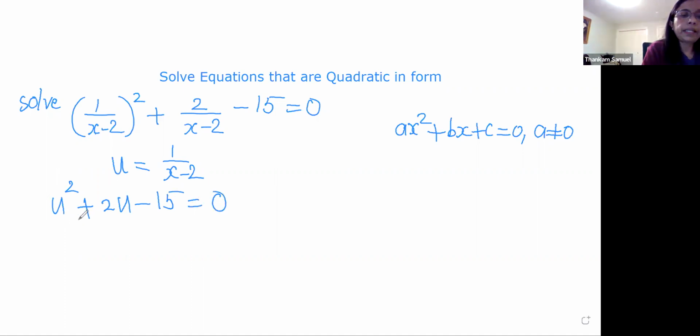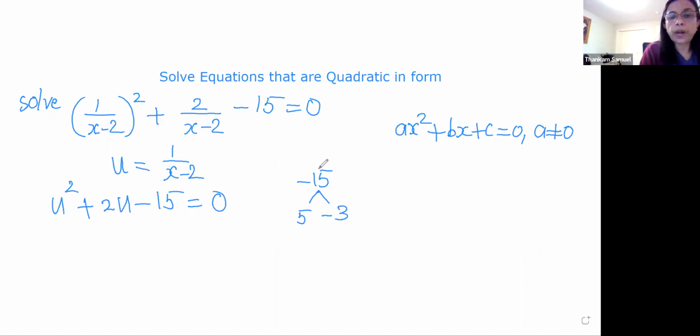You can see that the left side is a trinomial with leading coefficient 1. To factorize this trinomial, we need to find two numbers whose product is negative 15, that's the constant term, and whose sum is 2. So the numbers are 5 and negative 3.